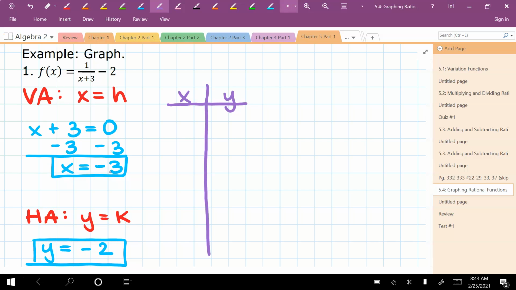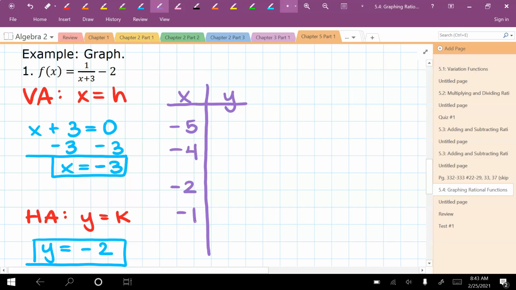So nothing's going to happen at that point. There's going to be no graph there. So I want to pick points on either side of negative 3. For example, negative 5 and negative 4 would be on the left side of negative 3. And if I'm going across negative 3 towards 0, I would be looking at negative 2 and negative 1.